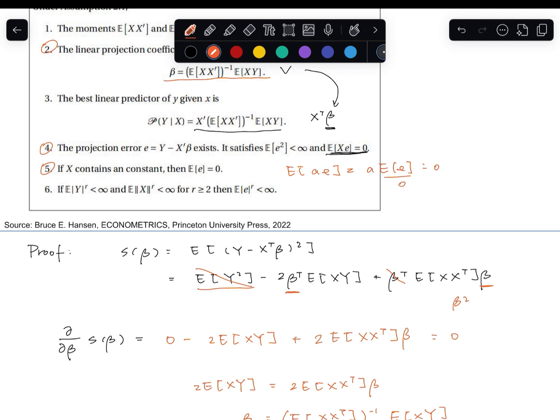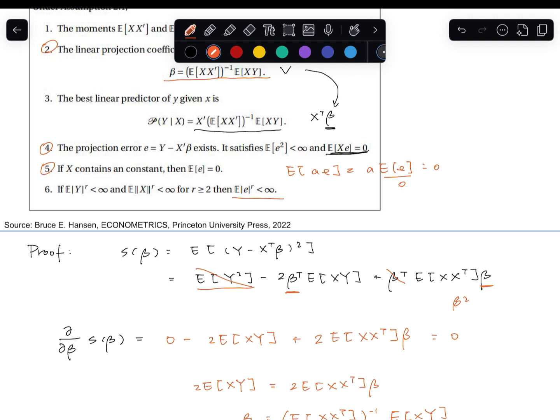And also the last property, if E[y to the power of r] is finite, and E[the norm of x to the power of r] is also finite, then for r greater than or equal to 2, the error term to the power of r is also finite. I don't want to prove this one because it's not so correlated with the course.